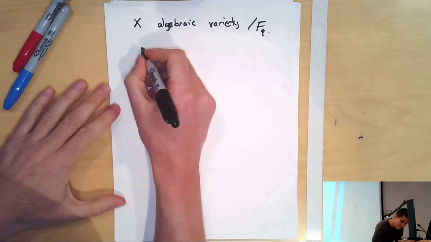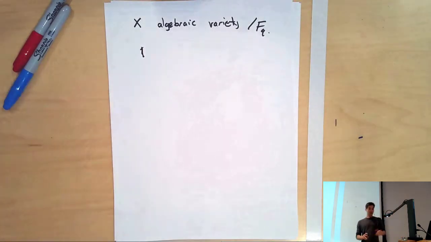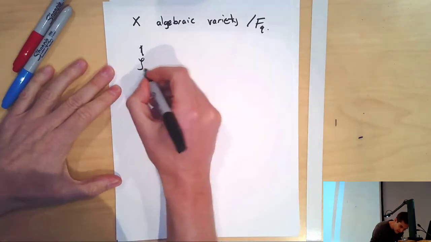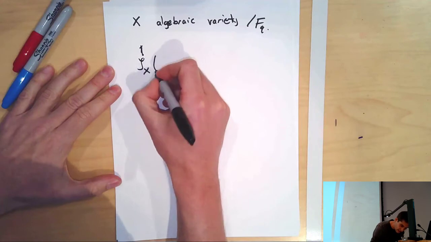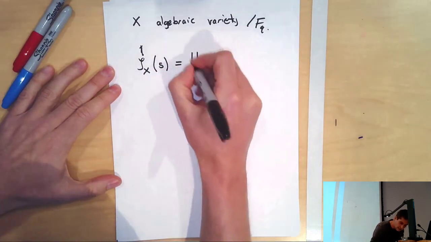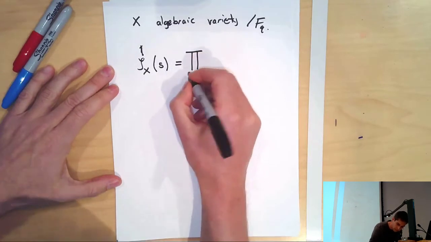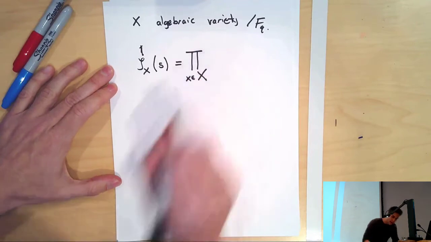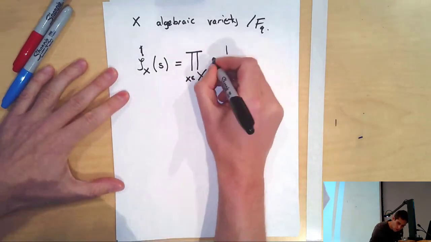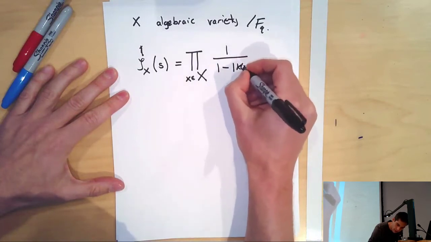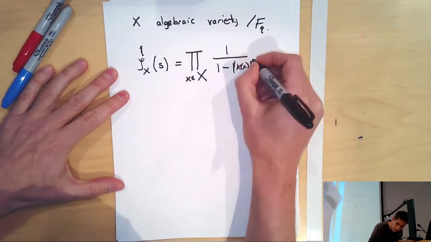All right, so let me remind you that if you have an algebraic variety defined over FQ, you can associate to it a function called its zeta function. Zeta X is a function of a variable s, and it assigns to s the product over all the closed points of your variety, 1 over 1 minus the size of the residue field at that point, raised to the power minus s.